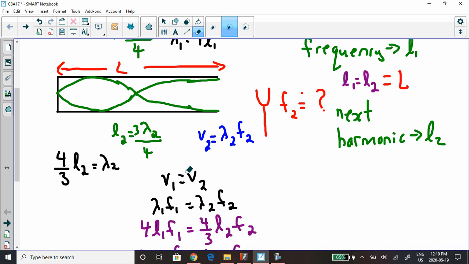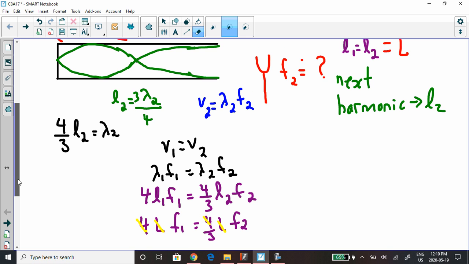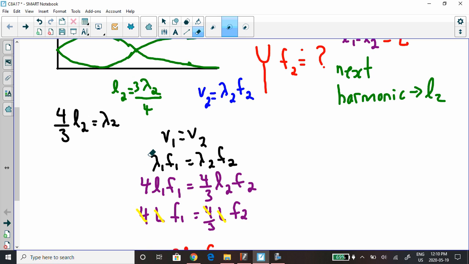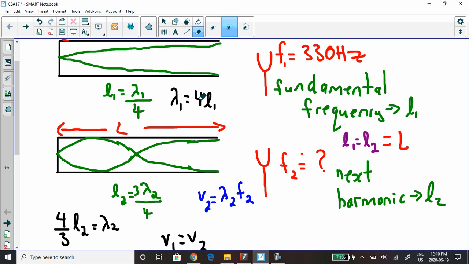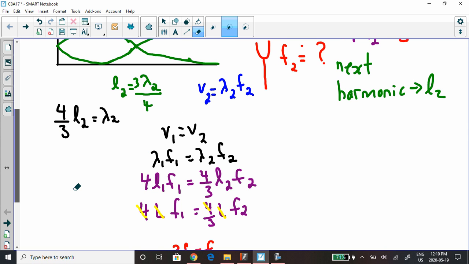Now we're going to use the universal wave equation to substitute this in. I've substituted in the next line. Next, what is lambda 1? I know lambda 1 from up here is 4 times the first resonance length, so I put that in. What's lambda 2?